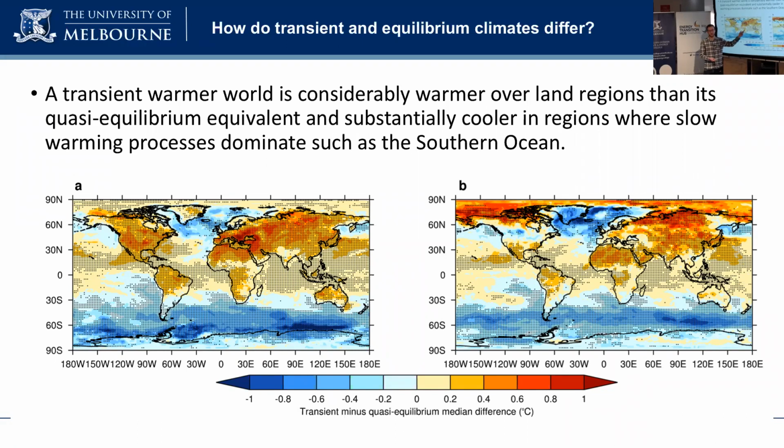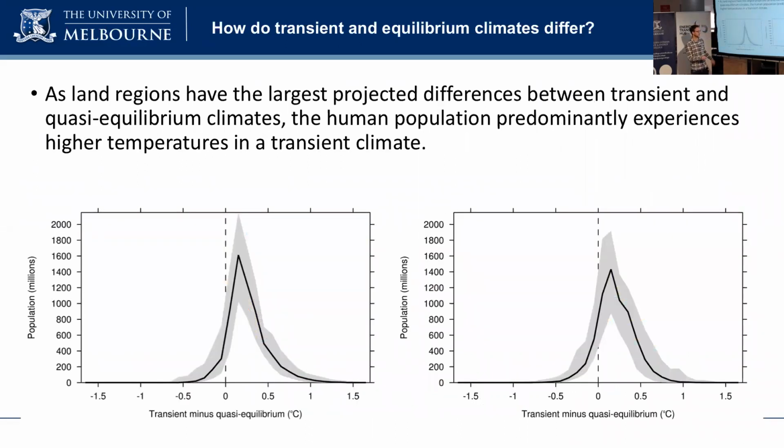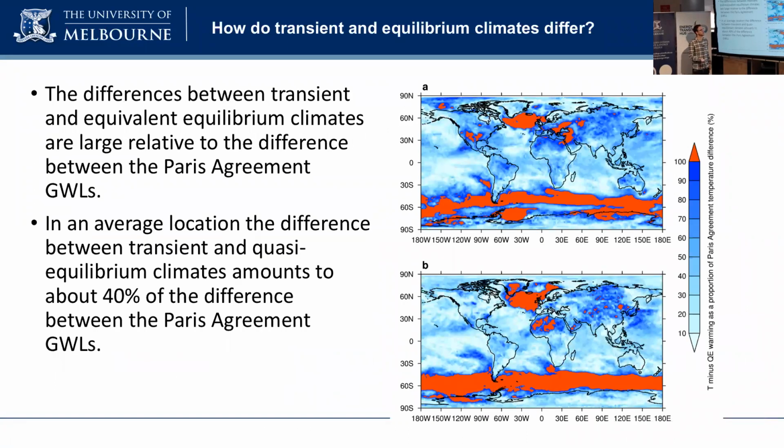So this is a big benefit for where most people live in terms of the temperatures they would experience. In a stabilized climate, they would tend to experience cooler temperatures than in the transient equivalent climate. And this is what this shows in terms of the population experiencing differences between transient and quasi-equilibrium climates.